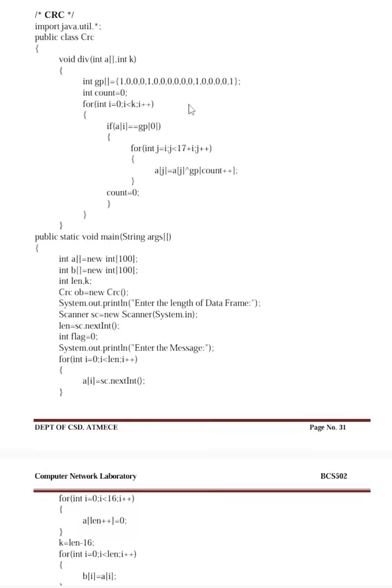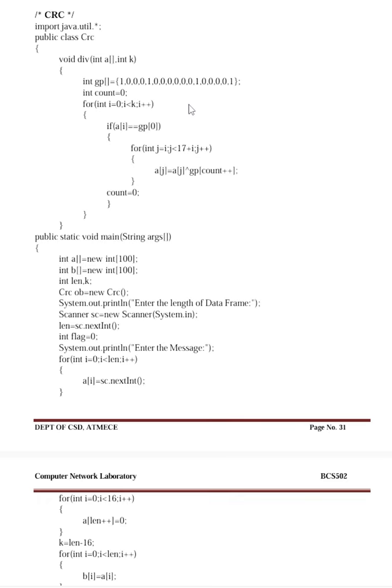After that we compute the CRC remainder. It calls the division function on a. Next one is object dot division a of k. After division, the last 16 bits of a contain the CRC remainder.